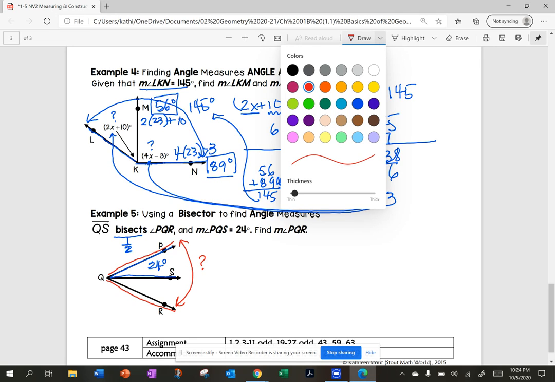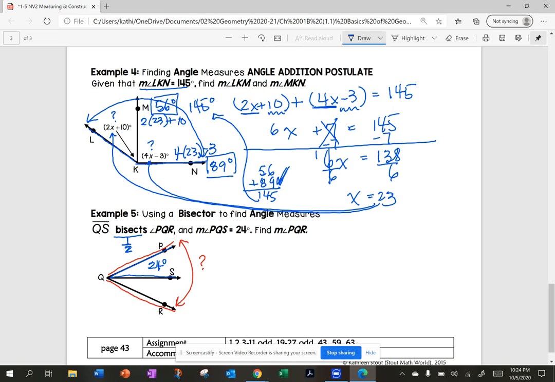Since it says QS bisects the angle, if I know this angle is 24 degrees, then I know this angle SQR is 24 degrees. So I know the measure of angle PQS plus the measure of angle SQR equals the measure of angle PQR.